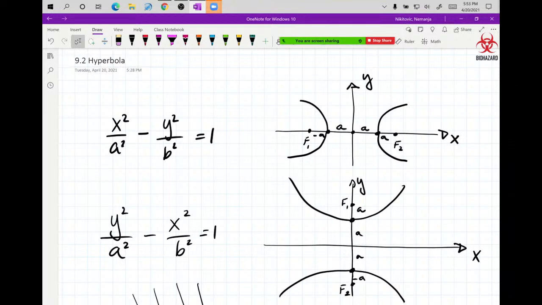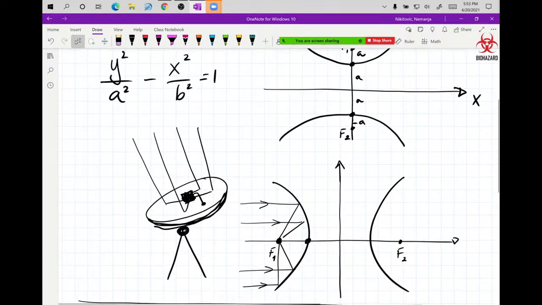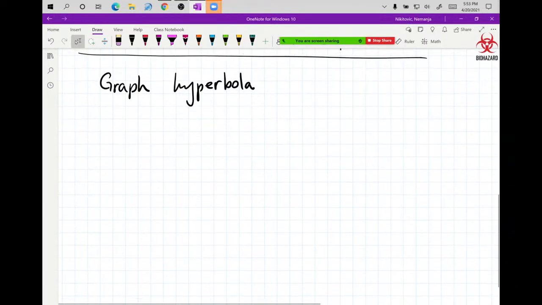So we will do those calculations, but let's first focus on the basic formula for the hyperbola centered at the origin, and then let's graph a hyperbola at the center and then shift it left, right, up, down, and take a look at that as well.